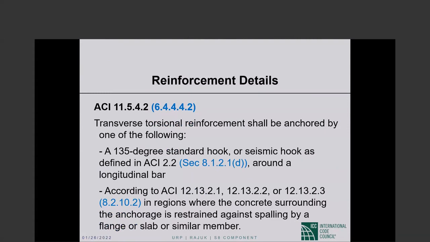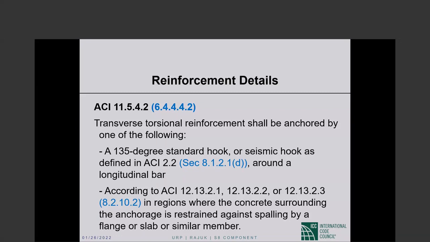So transverse torsional reinforcement shall be anchored by one of the following: a 135-degree standard hook or seismic hook as defined in SEI 318 around a longitudinal bar.